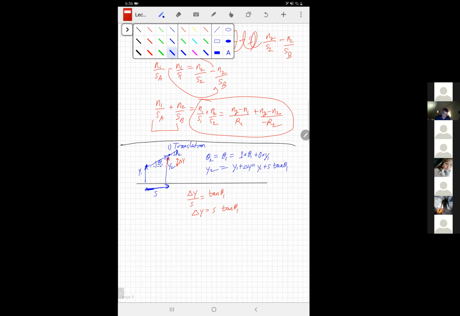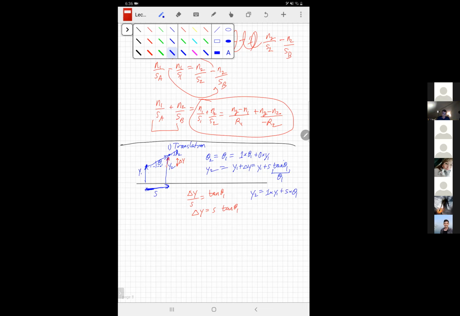Tan theta is not a linear function of theta, but what can we say? What is the approximation we can make? That's approximately sine theta, or approximately theta. So y2 is 1 times y1 plus s times theta 1.